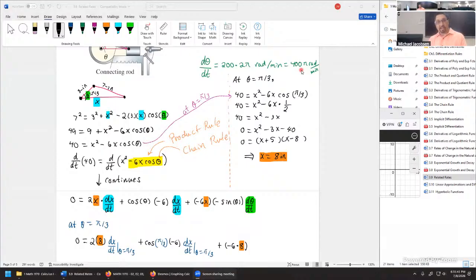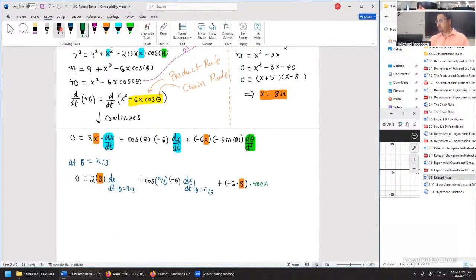This is a stable, well-running engine, so it rotated at a constant 200 revolutions per minute, which implies the rate of change of theta with respect to time is 400 pi radians per minute. So we go times 400 pi in units of radians per minute. I'll drop the unit for the moment so it doesn't get too unwieldy. So now this is an equation for which we can solve for dx dt.